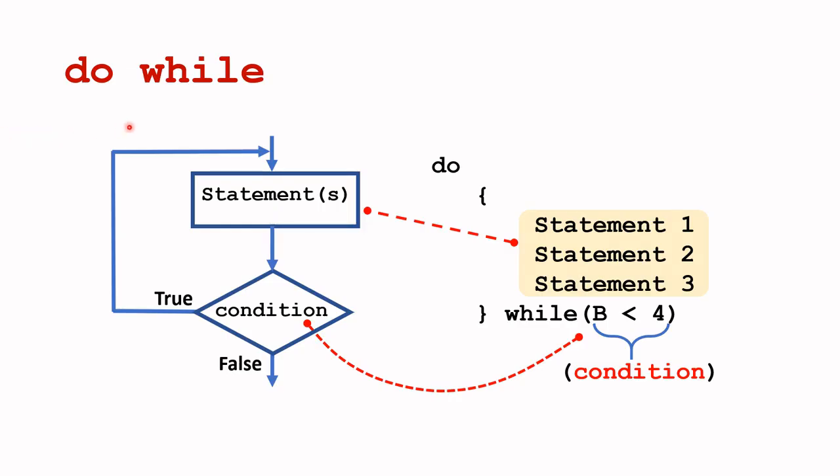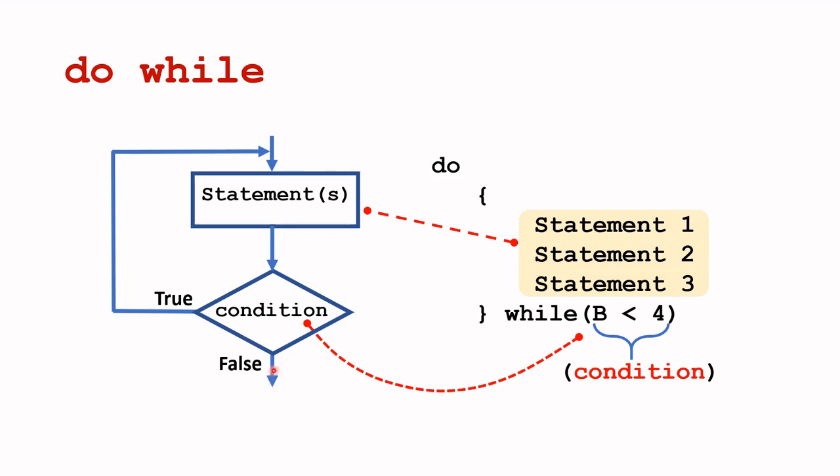Okay, so we will look at the do-while construct, and here's the flow chart for the do-while construct. So we have statements, and we then go test the condition, and if the condition is true, then we go repeat this, and then we check the condition again, and if it's false, it will exit.